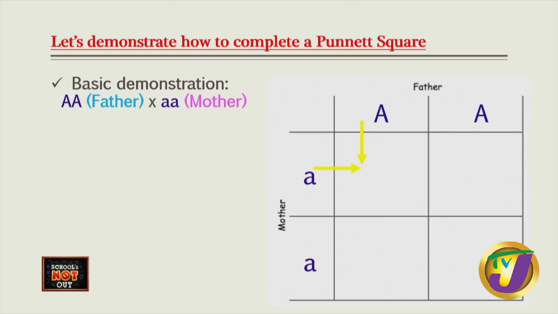Just like if we were to do a grid reference, we're going to match the father's first possibility with the mother's first possibility. So we see them matching with yellow. We could also match the second one with the mother's first. And we go again. We can match the father's first with the mother's second.